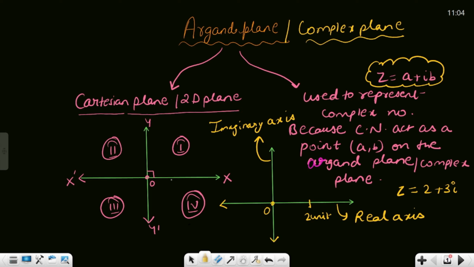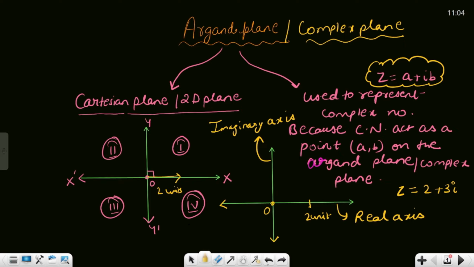If I want to plot 2 comma 3, we move 2 units on the x-axis and 3 units up along the y-axis, and we reach our desired point, which is 2 comma 3. Simply like this we have to do.